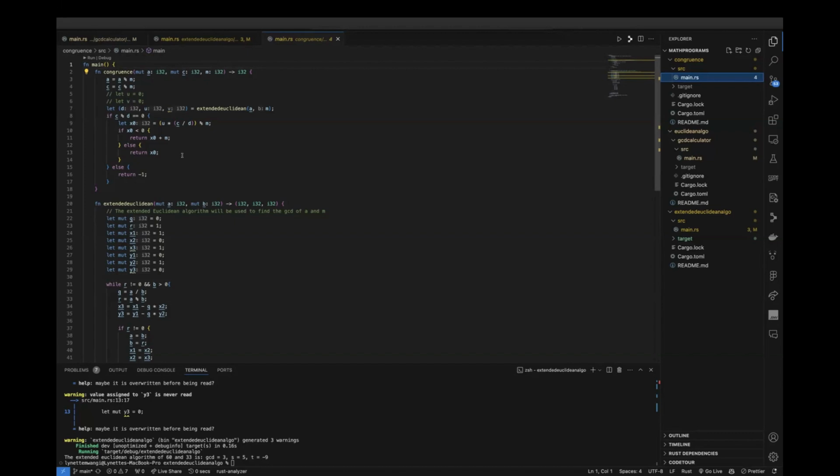And if the GCD is 1, then that means it has one solution, and so on.